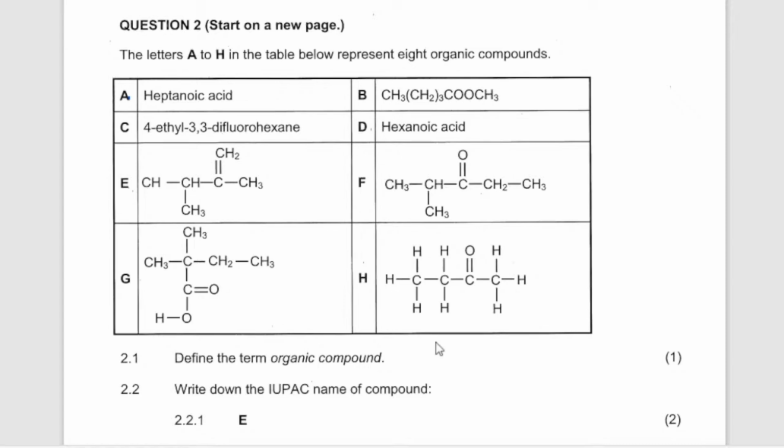If there is more than one, they must be linked to one another. That's because carbon has the ability of catenation, joining one carbon atom with another and forming a long chain. It's one of the good properties of carbon. So basically, that's an organic molecule.